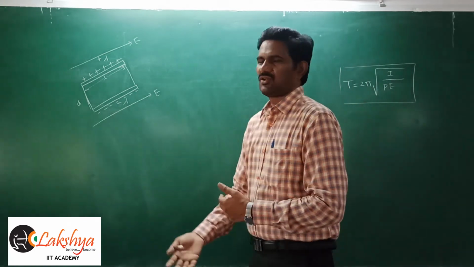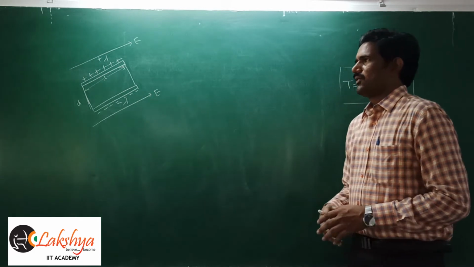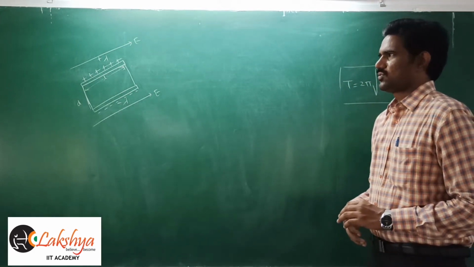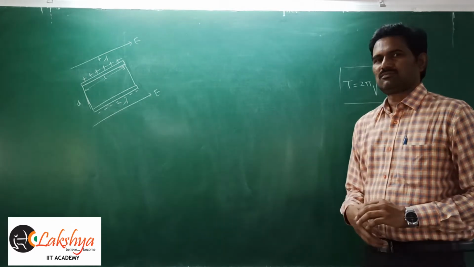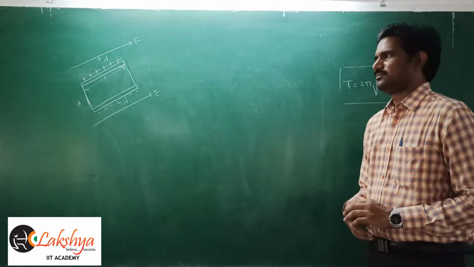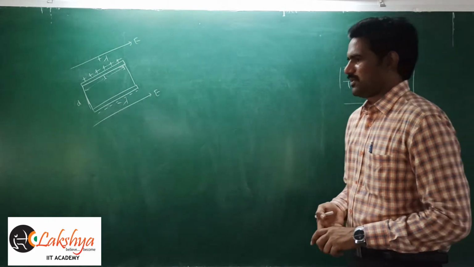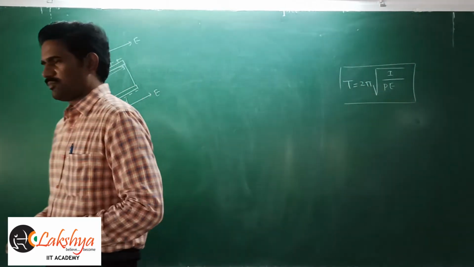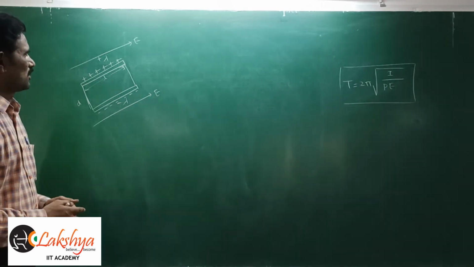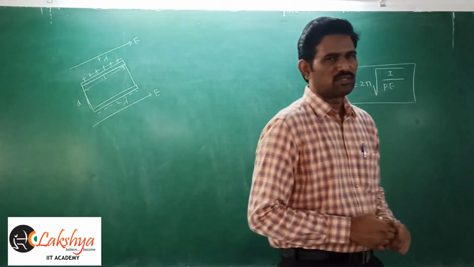That means on one rod it is plus lambda, on the other rod it is minus lambda. These two rods are connected by two light rods of length d.